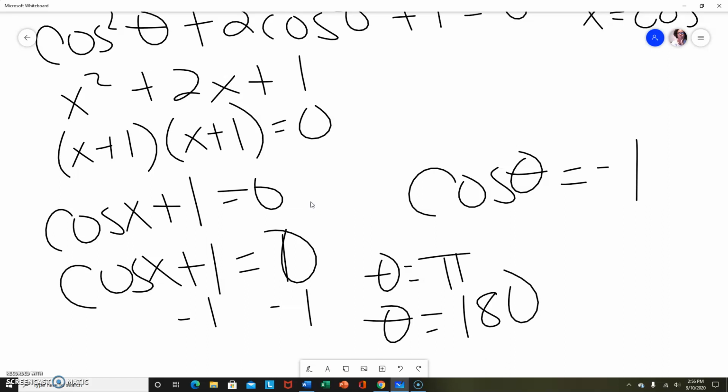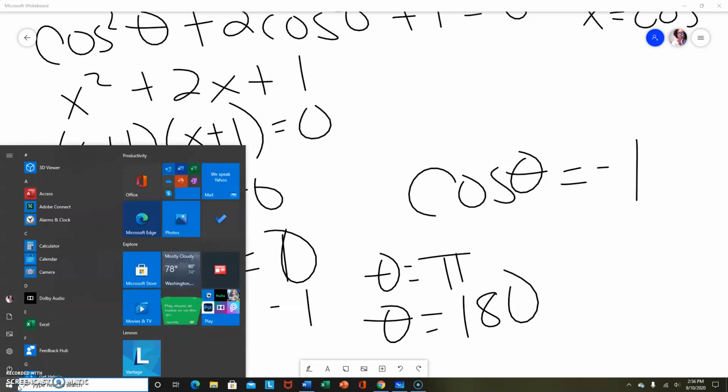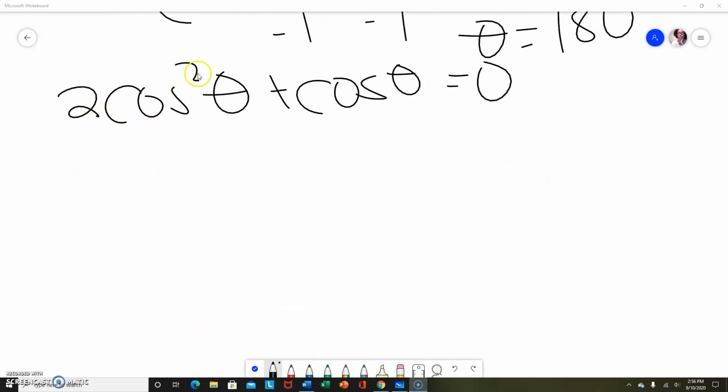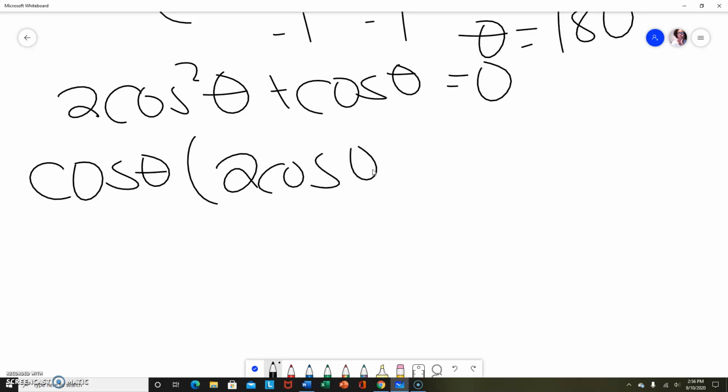Okay, I think I have time. Okay, here's my next one. 2 cosine squared theta plus cosine theta equal to 0. Just like with algebra, I can factor out a cosine. So I have cosine theta times 2 cosine theta plus 1 equal to 0.